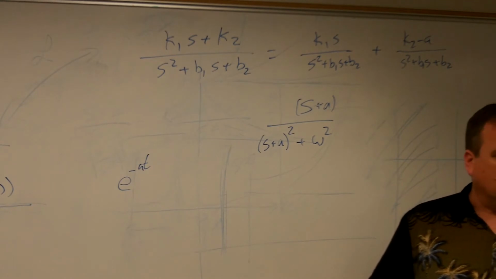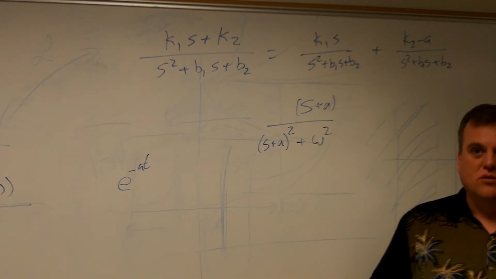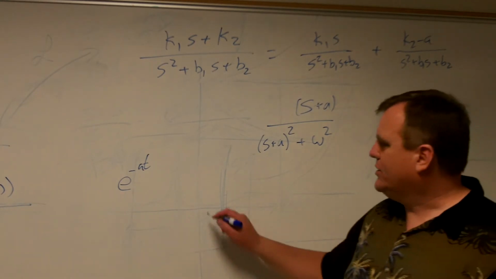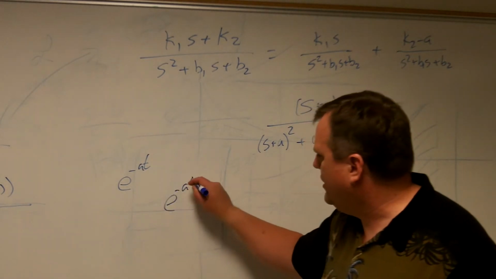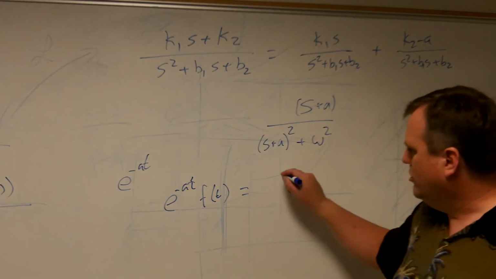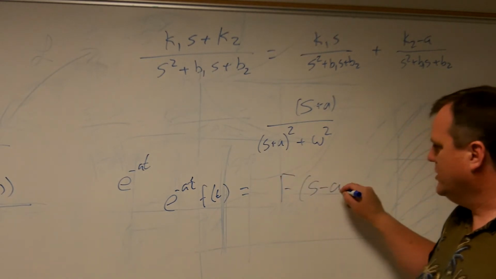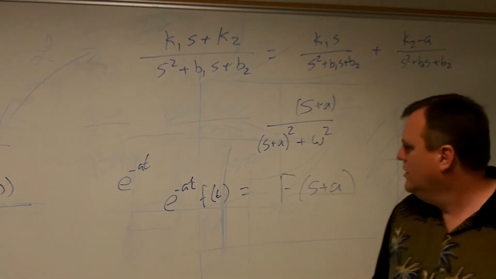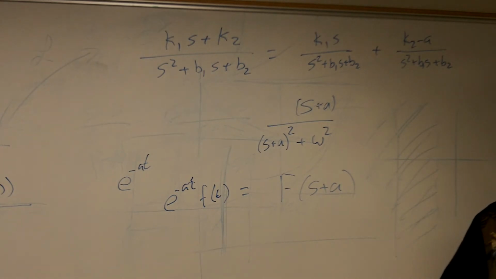That's one of your properties that we developed. I think we actually wrote it this way: e to the minus at times f of t is equal to f of s minus a, or s plus a. It's one of the properties we developed like two or three days ago.